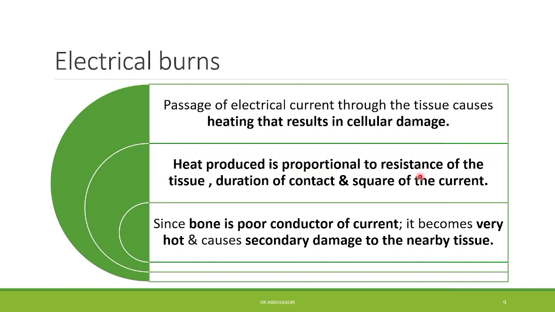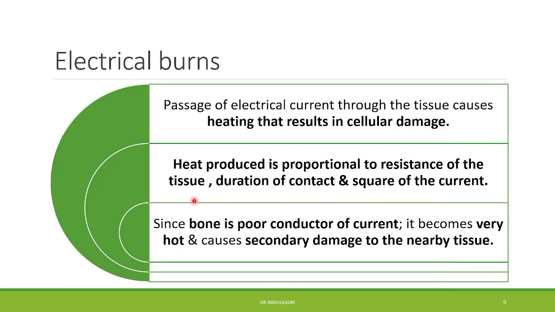This means if the resistance of the tissue is high, the tissue damage will increase. The duration of contact also plays a role. If the duration of contact is too short, the damage will not be big. Also, the square of the current, and the voltage of the current, matter.